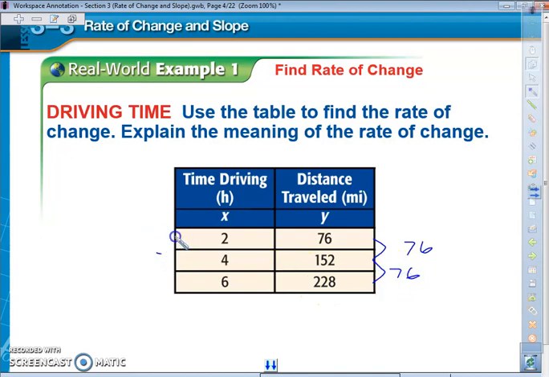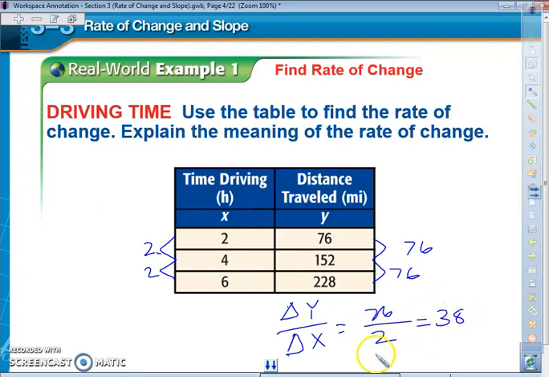We're going to go over here and figure out if we have the same rate of change. It goes by twos over here. So our change in y over change in x would equal 76 over 2, which equals 38. Our slope is basically 38 over 1.